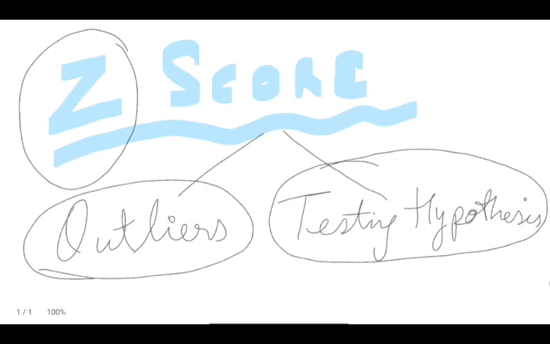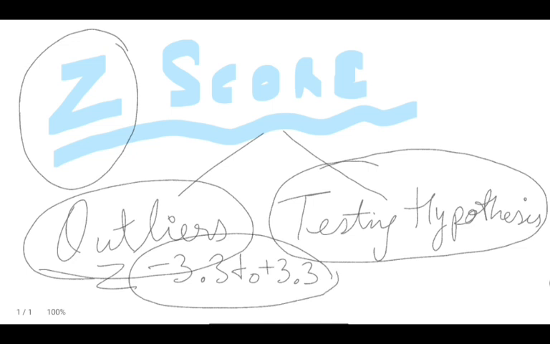Now to assess the outliers, we generally use a rule which says that z-score should be between minus 3.3 to plus 3.3. Now why this minus 3.3 to plus 3.3? Because if the z-score is beyond minus 3.3 or beyond plus 3.3, that means that data point is lying outside the normally distributed bell-shaped curve.